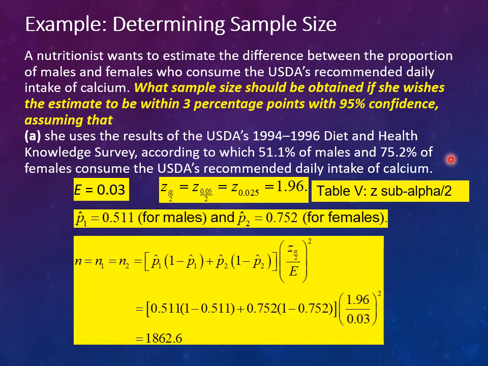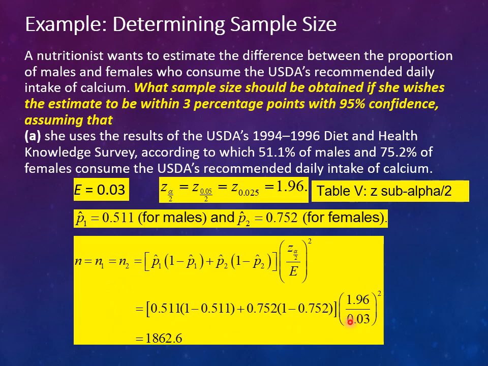With that, we plug this into that larger formula. We get p hat 1 times 1 minus p hat 1 plus p hat 2 times 1 minus p hat 2, times the quantity of z sub alpha over 2, 1.96, divided by our error rate, 0.03, squared.